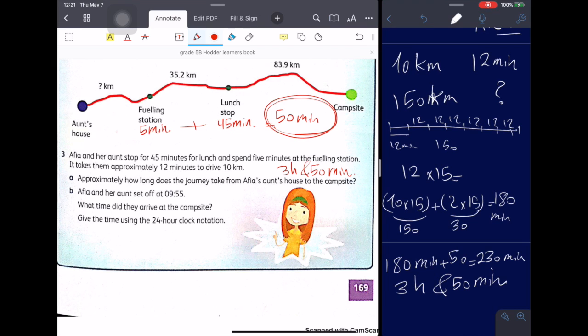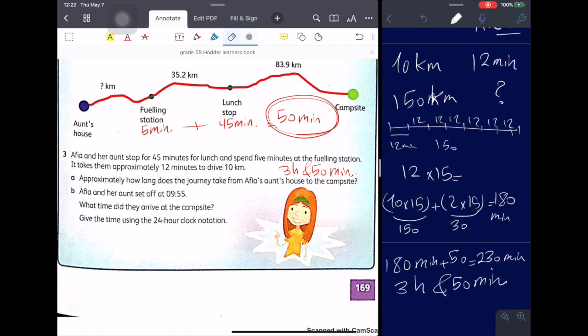Afia and her aunt set off at 9:55. What time did they arrive at the campsite? Okay, so if we have 9:55 and it takes 3 hours and 50 minutes, let's see what time we will end up at the campsite. 5 plus 0, 5. 5 plus 5, 10.